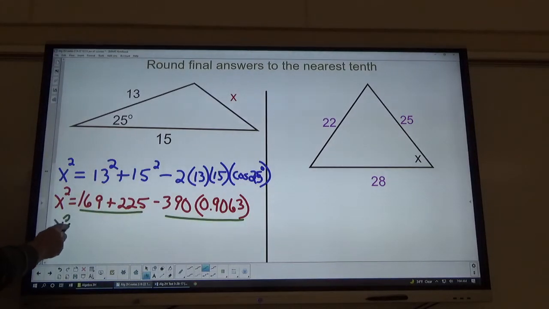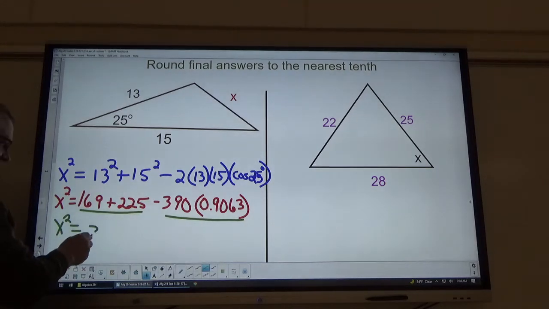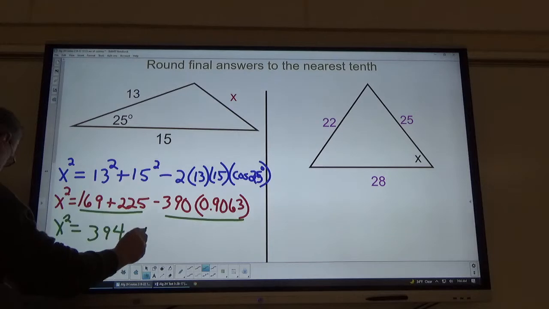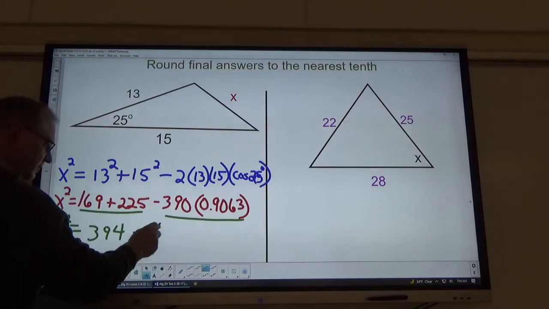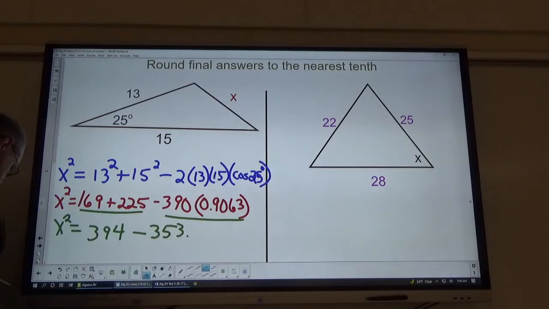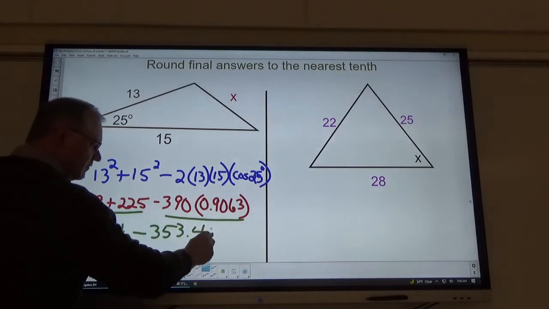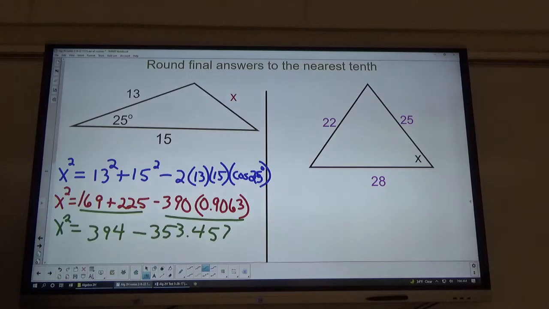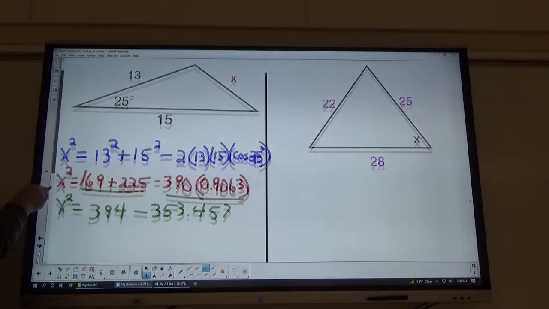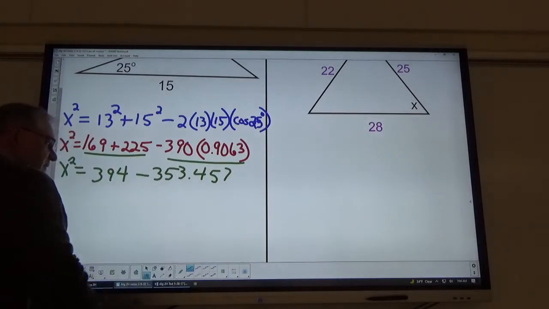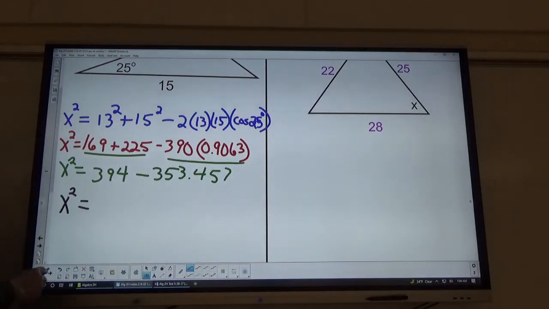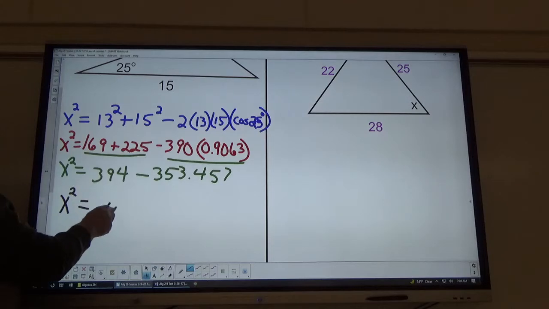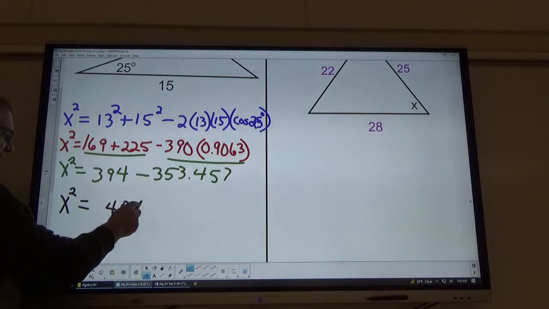So x squared equals, let's see, 394 minus 353.457. Okay, so the next thing I'm going to do is combine these together. That gives me 40.543.